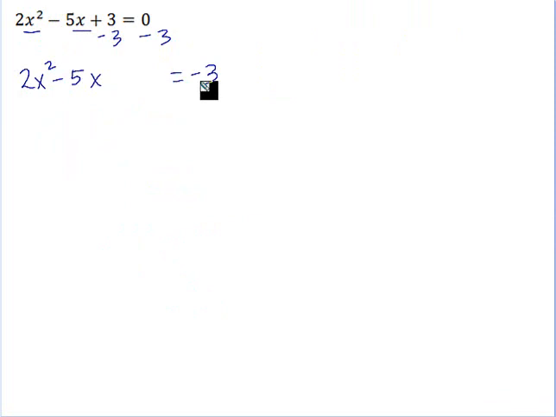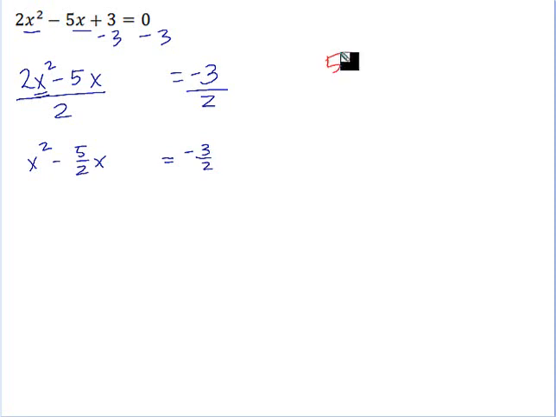Now, the perfect square only works if our x squared is alone as well. So currently our x squared has a 2 attached to this. So what we can do to get rid of the 2 is we can divide both sides of the equation by 2. Then we have x squared minus 5 halves x equals a negative 3 halves.